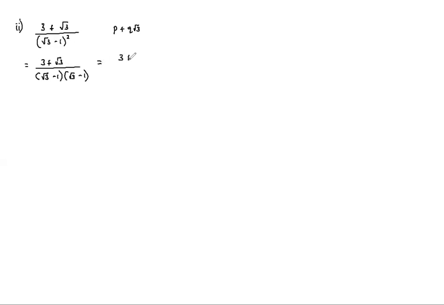So you have 3 plus root 3 over 3, root 3 times root 3, you get 3, and then minus root 3, minus root 3, then plus 1. When you're multiplying this, nothing cancels. We are squaring.